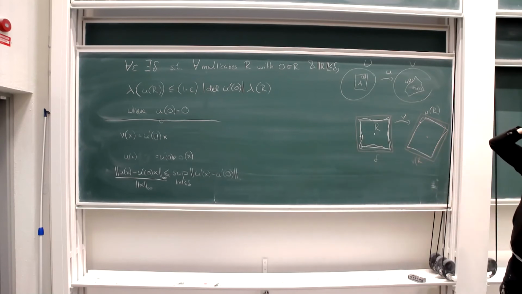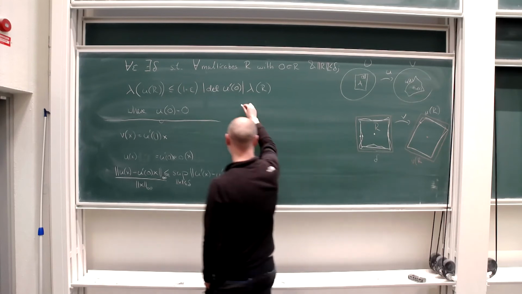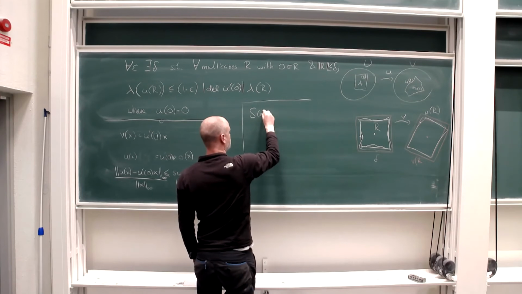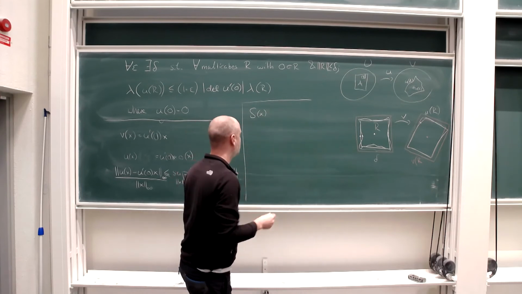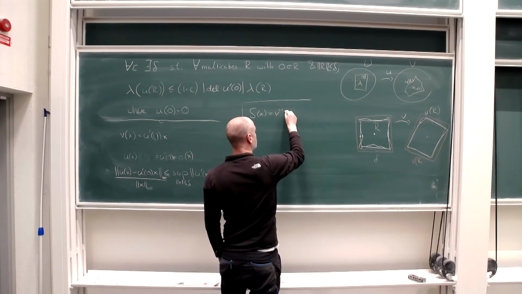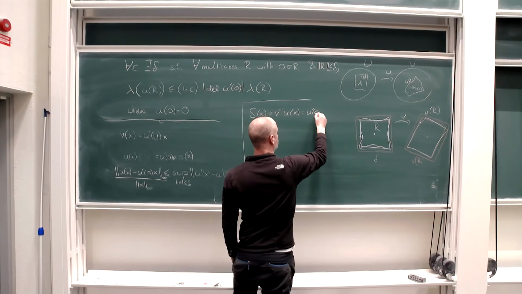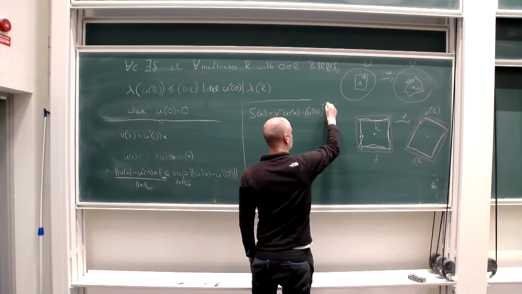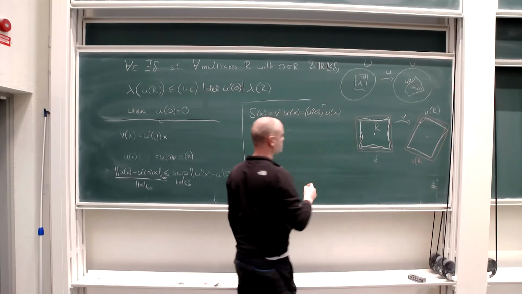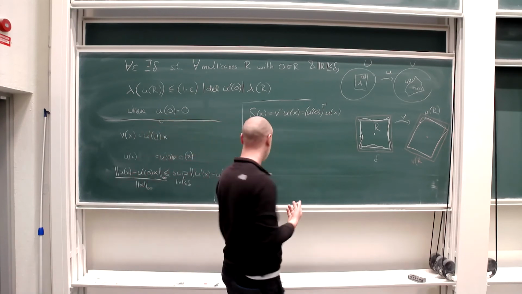So at the end of the day, I need to study the composition of U with the inverse. So set S, sorry for my notation here, I don't know why this is a big S, but that's what it is. So that's going to be V inverse U of X, or U prime at 0 inverse times U of X. So actually, this is the object I will be interested in.